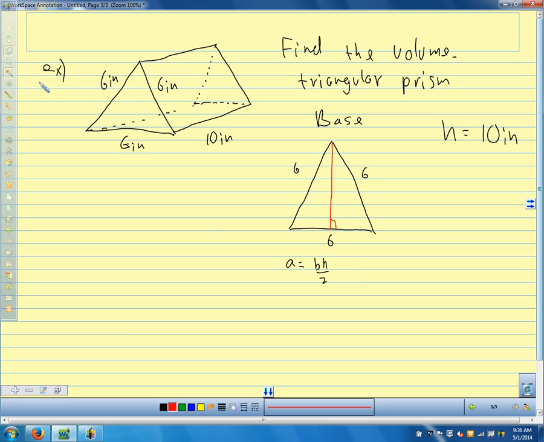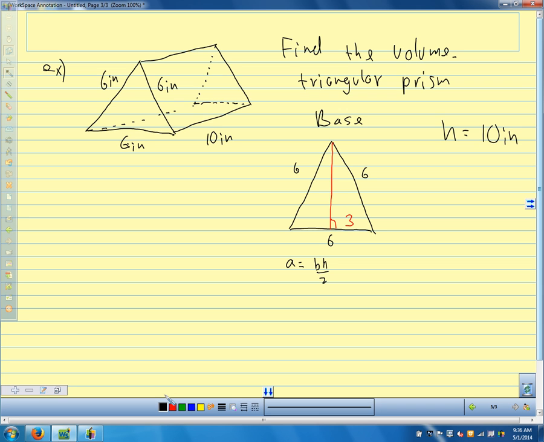How do we find the height? We could use the Pythagorean theorem. Because what does this side do to the base of the triangle? Cuts it in half. So this little piece is 3. We can use the Pythagorean theorem.